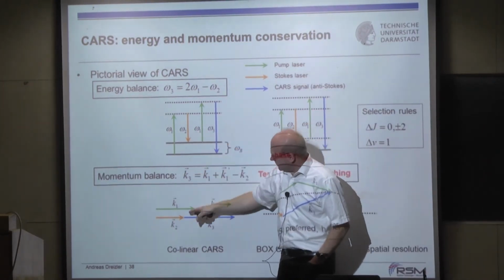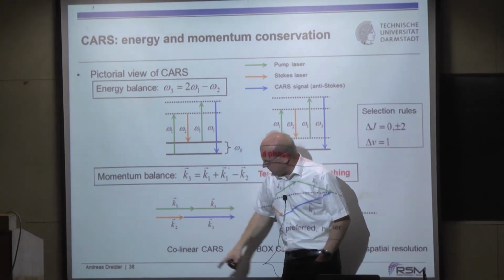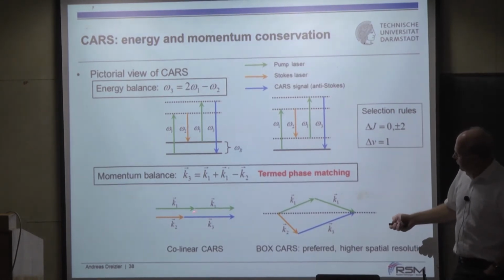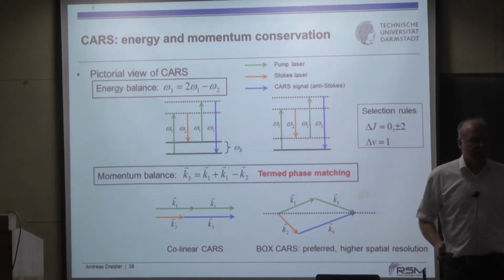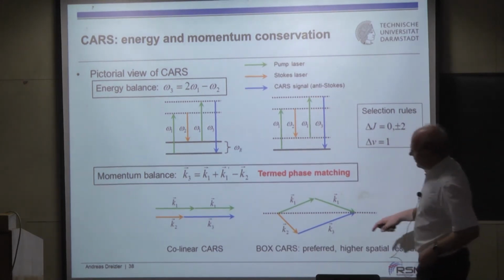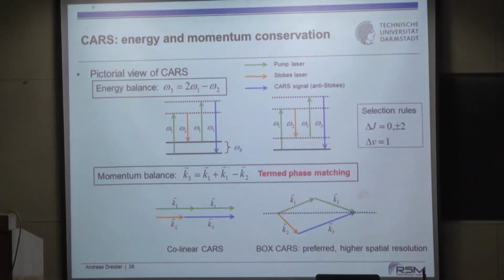So this momentum is going into the new K2 photon, the new omega 2 photon, and the remaining must go into your signal photon, which is now denoted as K3. And so you can now try to fulfill this momentum balance in such a way that you have, for example, a parallel beam arrangement. K1 plus K1 must be K2 plus K3, all of them pointing in the same direction.